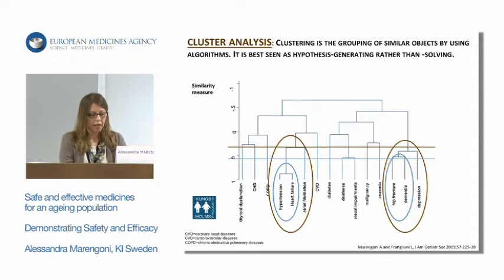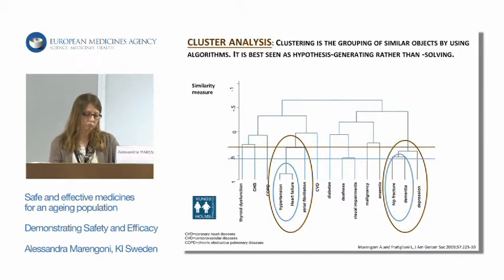I like this analysis because it's best seen as hypothesis-generating rather than hypothesis-solving. So it's up to me, the researcher or the geriatrician, to decide where I can cut this tree and which degree of similarity I want to have between diseases.